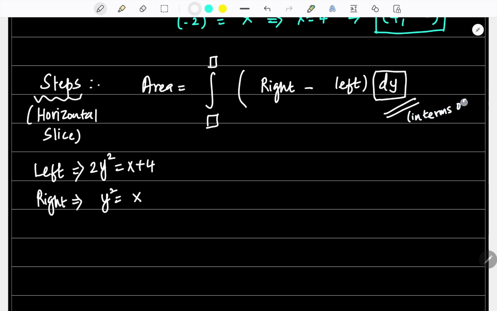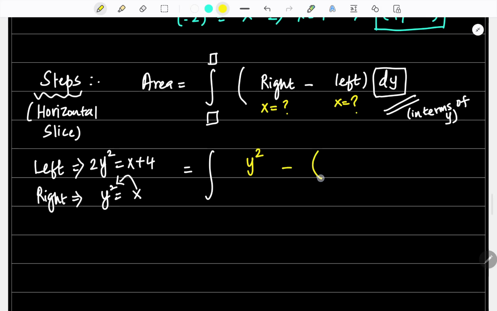Keep in your mind that in the earlier question we worked in terms of x. Now we are going to write in terms of y. So what is your right? Right is here: x equals y square. So the right is y square.